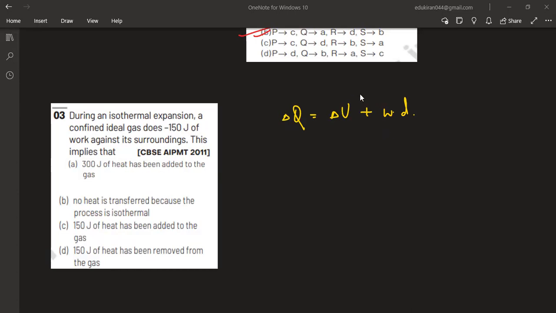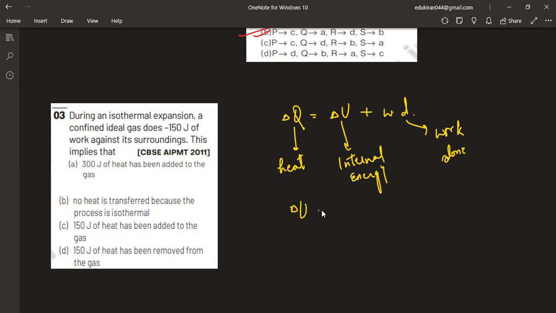This is heat energy, this is internal energy, and this is the work done. So delta U is equal to delta Q minus work done.